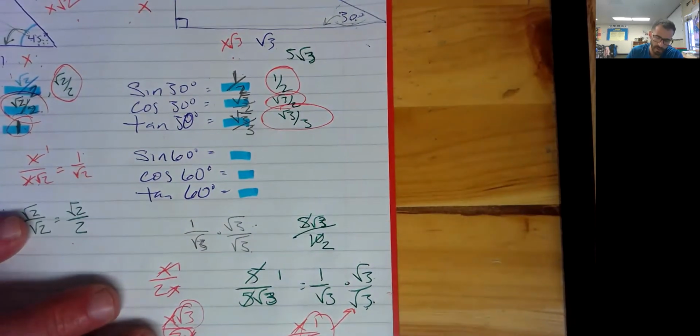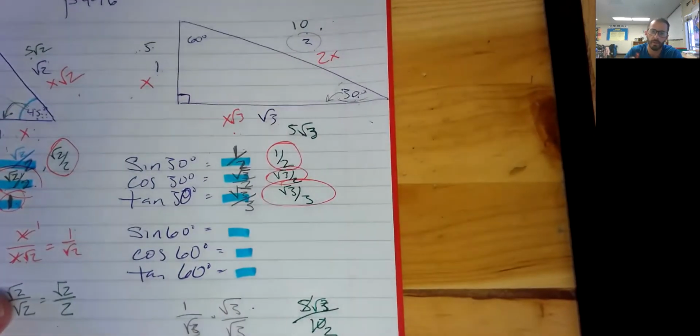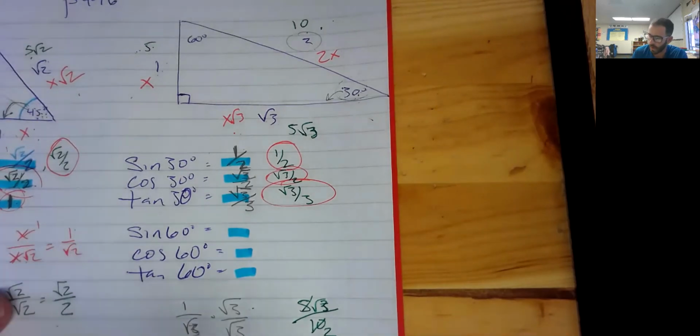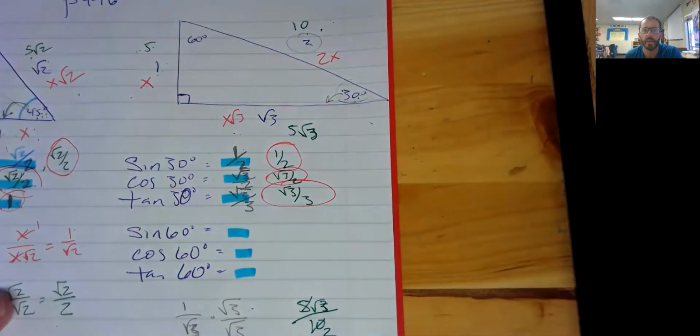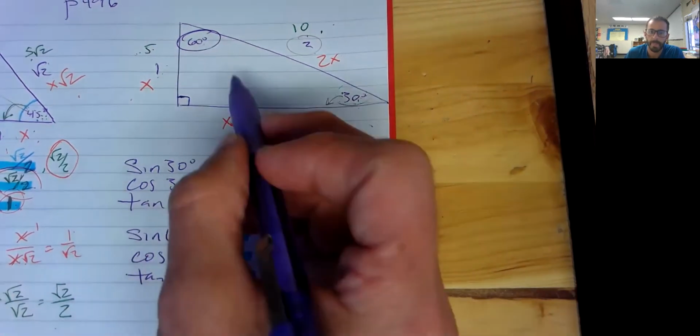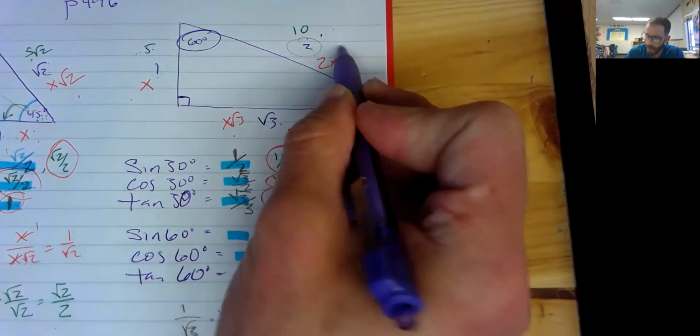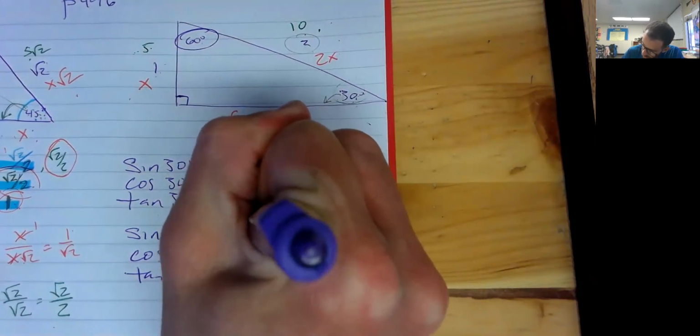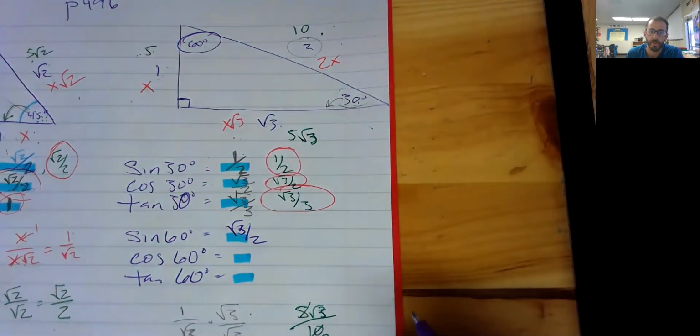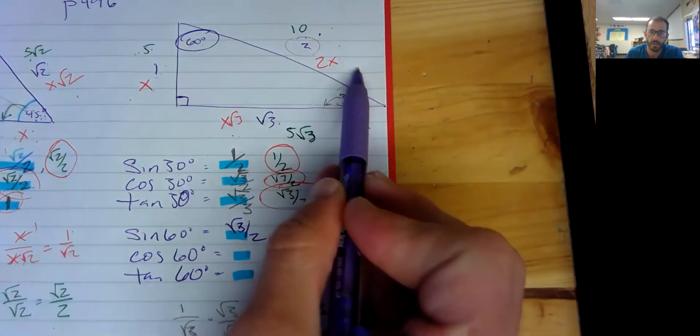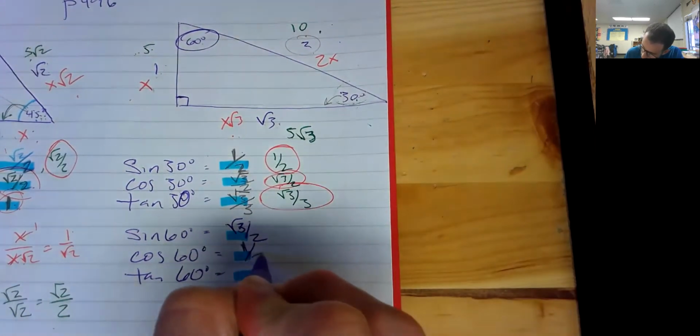So let's see what happens with 60. But you know what? Let's skip the what if. Go with whatever you want. I'm going to use 1, rad 3, and 2. For 60 degrees, we're over in this corner. Sine, opposite over hypotenuse. Rad 3 over 2. Cosine, adjacent over hypotenuse, 1 over 2.